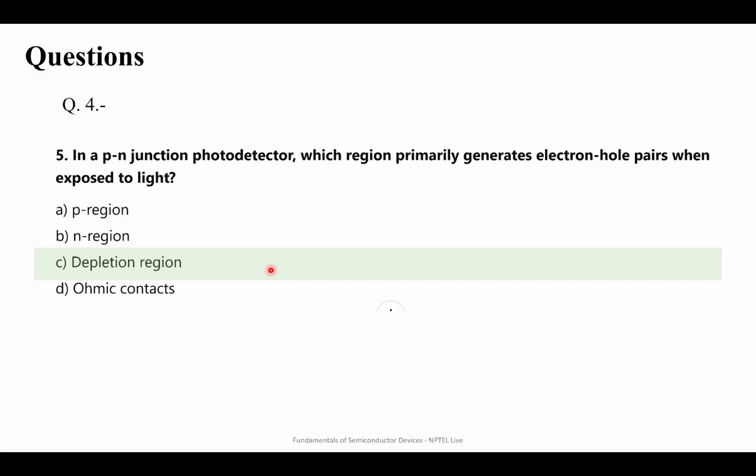The generation happens inside the depletion region, and from there it's transported to the P and N regions and it contributes current.